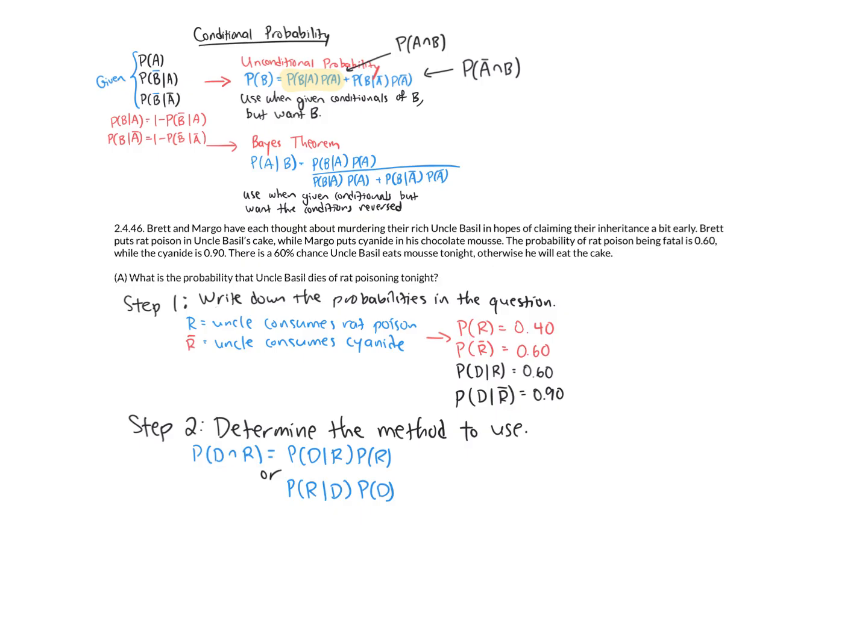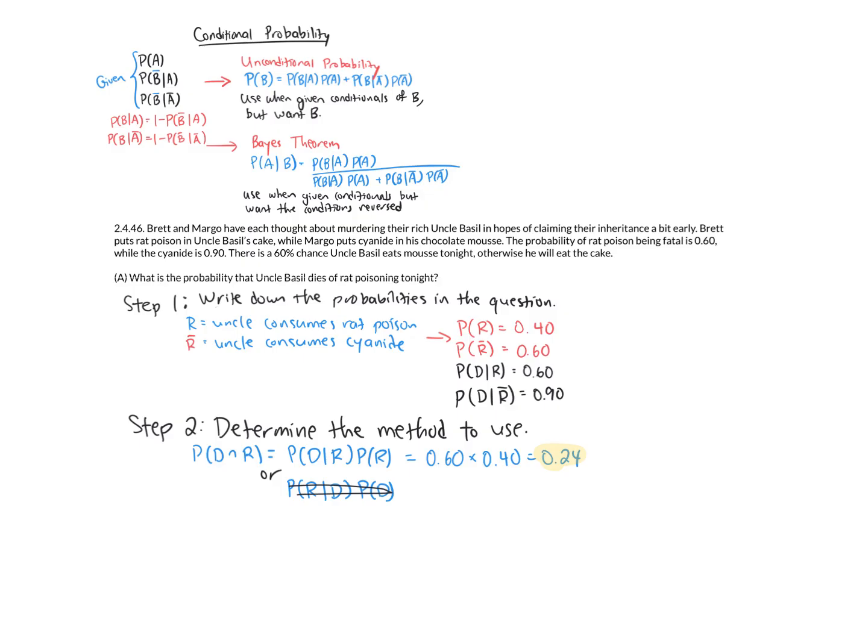At this point, we need to look at our data and see which of these makes sense to work with. Well, in the data, we were given the probability of death given rat poison. We were not given the probability of rat poison given death. So we'll use the top one.